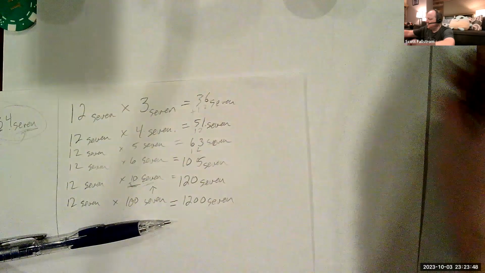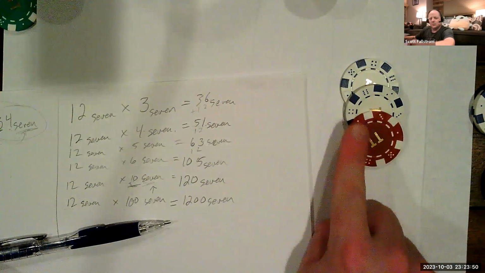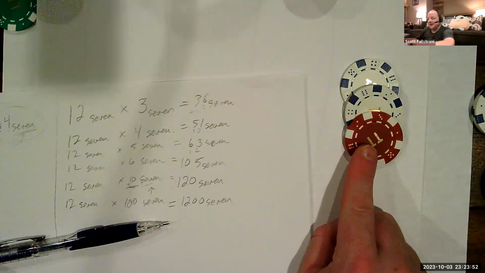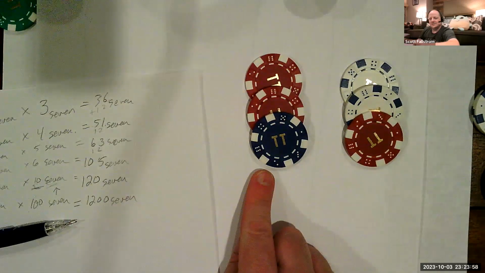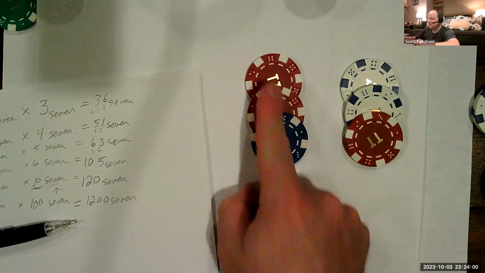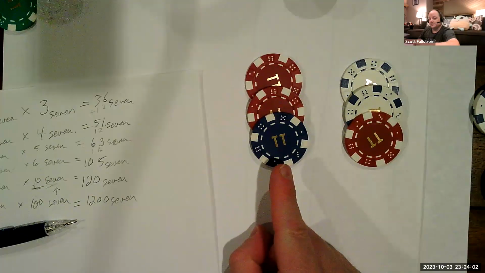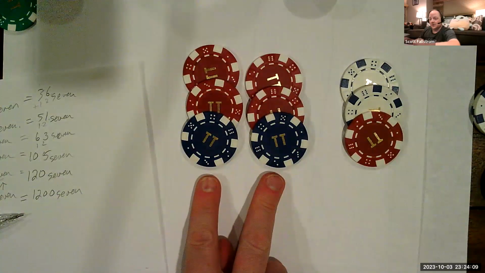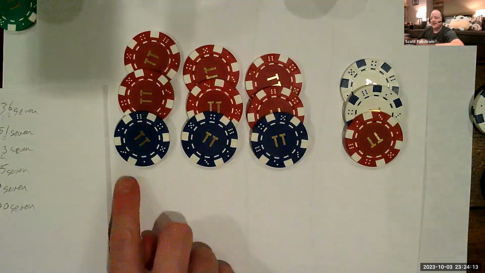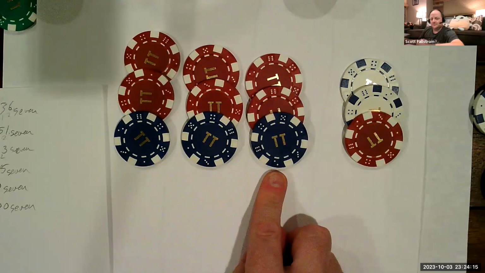So what I would do is I would come up here and I'd say, okay, this 12 is what I want. I want groups of 12. But as soon as I multiply by the base, I get the next place value up, which would look like this. So this right here, we already said is 10. So if I make another one of those, that's 20. And if I make another one of those, that's 30.